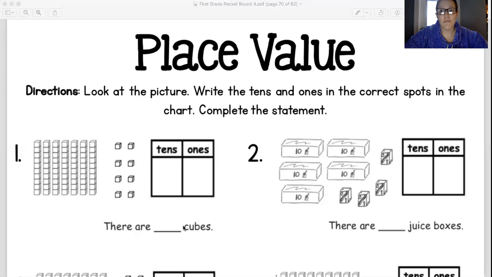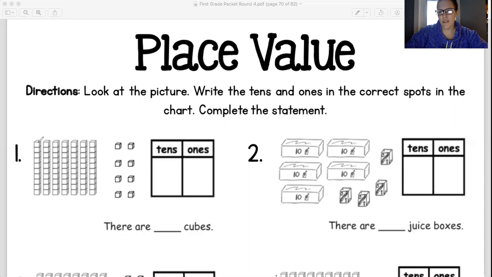All right, so you should have just finished the first two problems. Let's work through them. For the tens section of your tens and ones chart, you want to count how many groups of 10 you have. If I were better at annotating on this, I would circle each group of 10. In math this year, we did a lot of circling groups of 10.